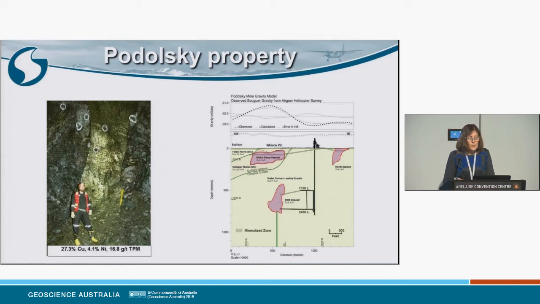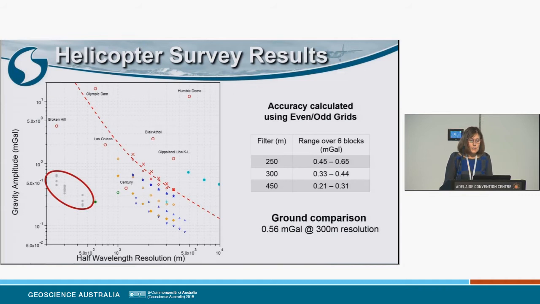So there's been extensive drilling in this Podolsky property, and so they have a pretty good idea of the extent of the mineral deposits that are there. And so confidence was built by the good correspondence between the modeled gravity data and the acquired gravity in this area.